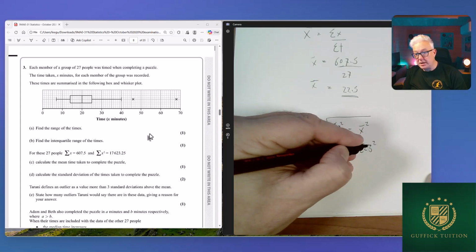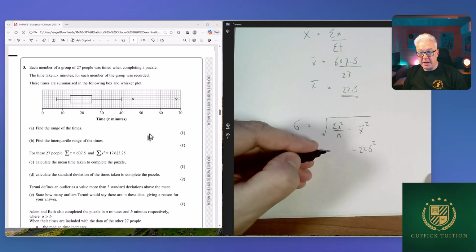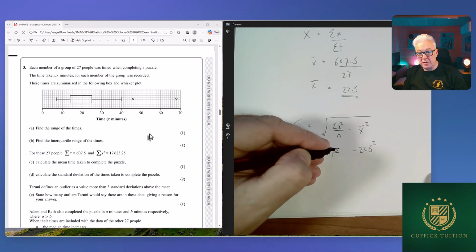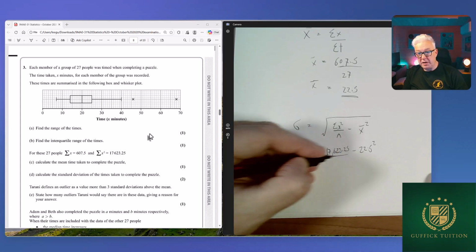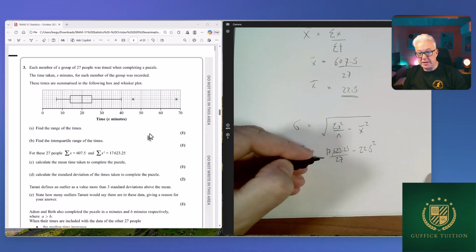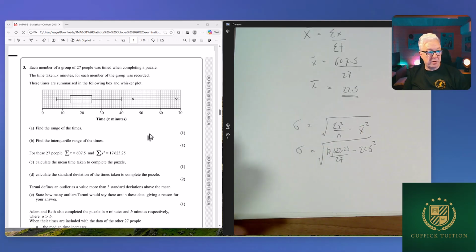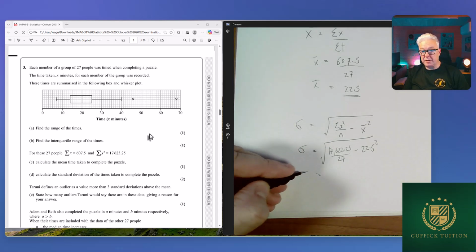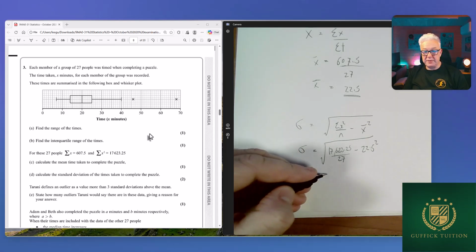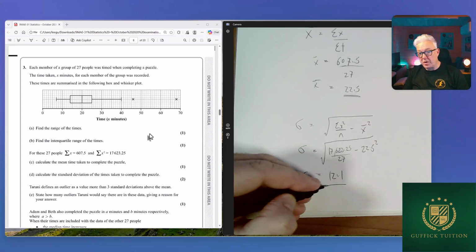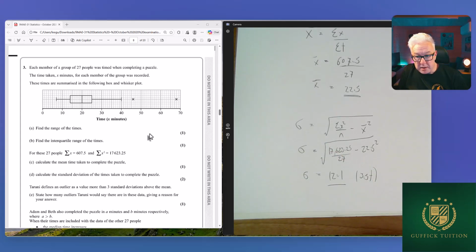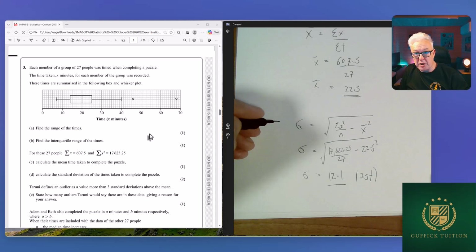Here, sigma x squared is 17,623.25, divided by n, which is 27, and then we've got to square root that whole thing. When we work that out on our calculators, that gives us 12.1 when we write that to 3 significant figures. So that's part D there.